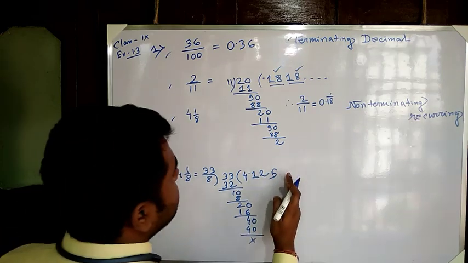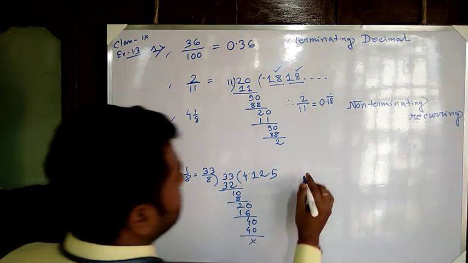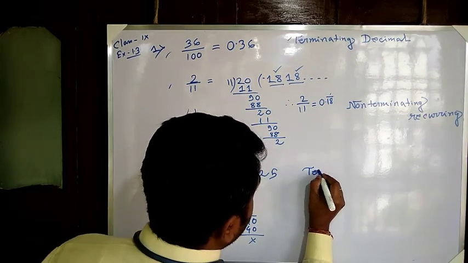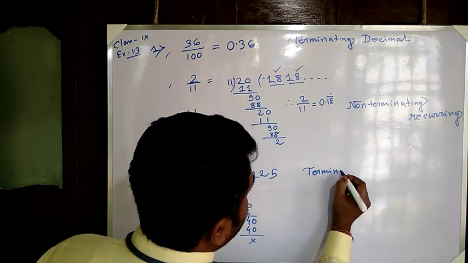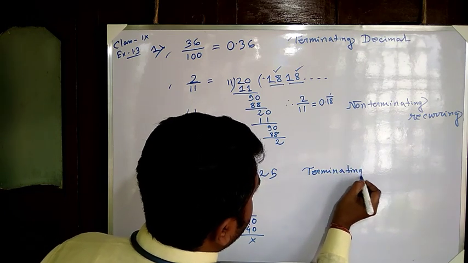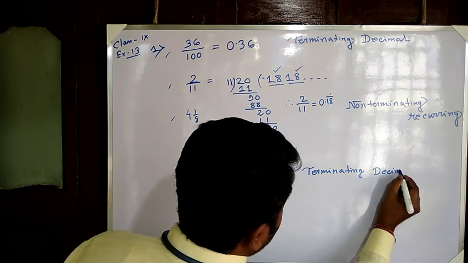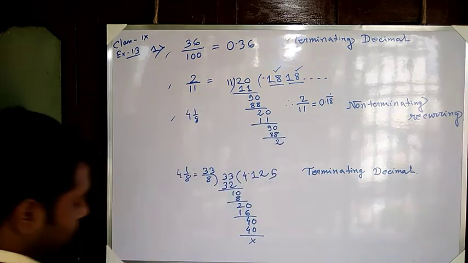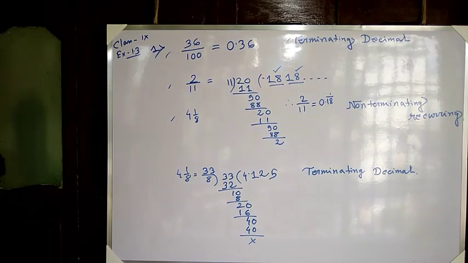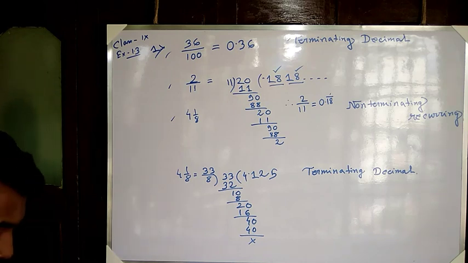So see, again it is finished here, so it is known as a terminating decimal. No repetition here. I hope you can do the rest of the other sums.